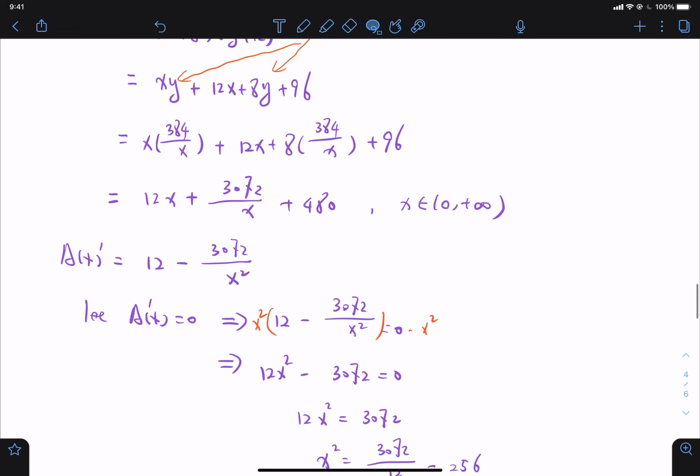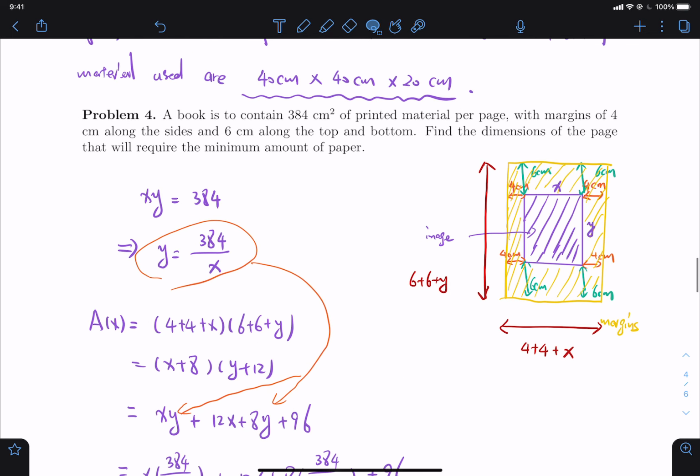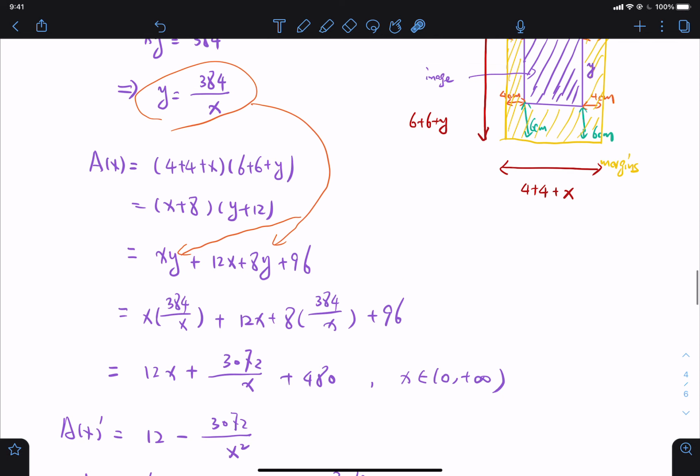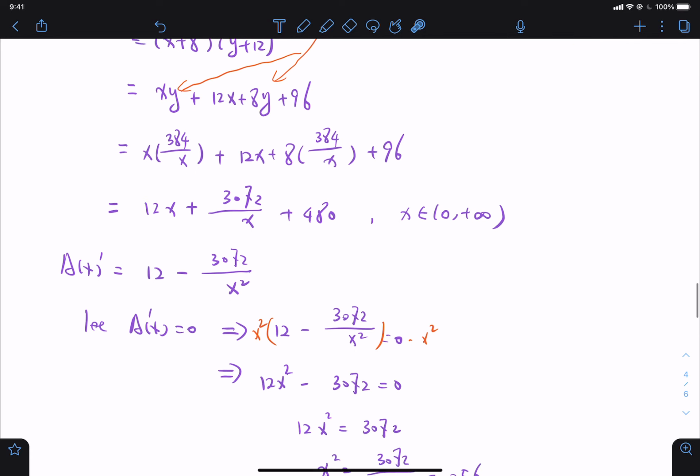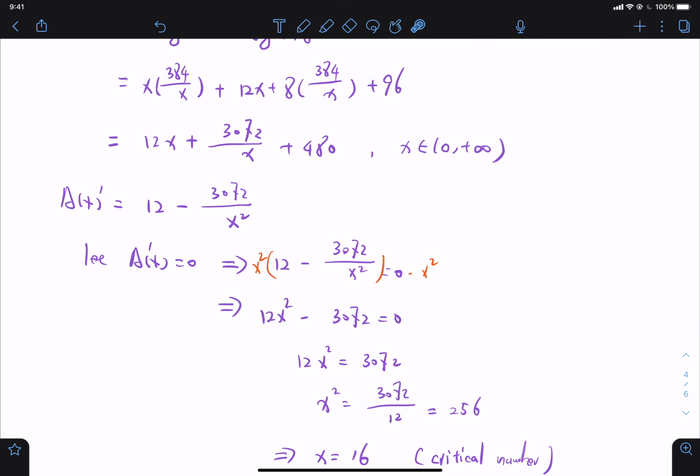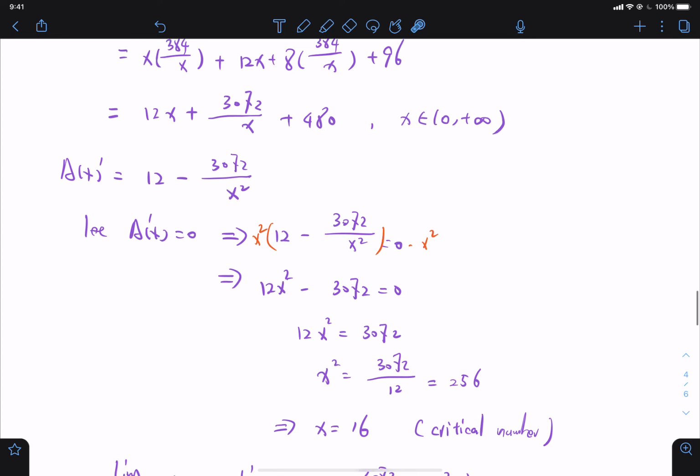It's a little bit more complicated than the previous question because the picture here takes some time for you to figure out, how the margins are put in here, and also figure out the area of this whole page. It has the length x plus 8 and y plus 12. But overall, there's nothing more complicated than doing the derivative stuff.